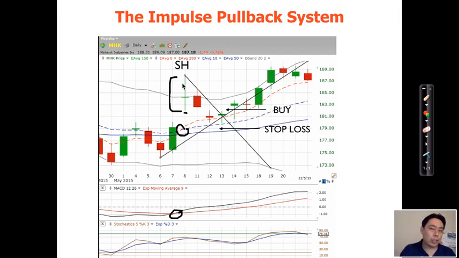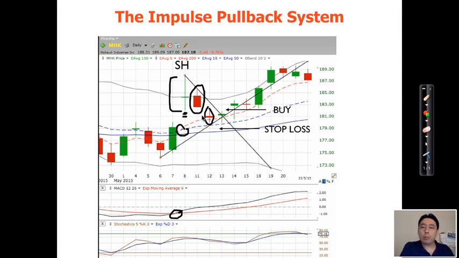So they will push the price down through a series of pullback patterns. This is a pullback, that's a pullback. So they'll push the price down temporarily, forcing those who are long on the trade, who have bought the stock, who have placed their stop loss here, it will trigger their stop loss and force them to sell their stock.